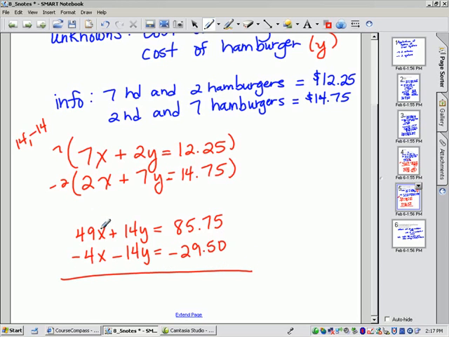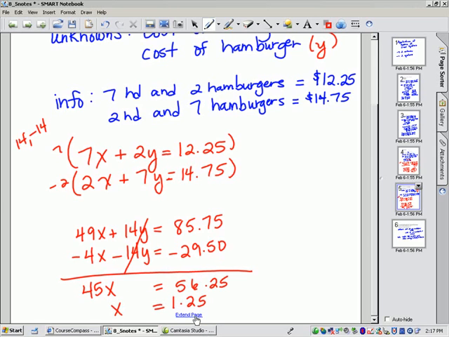Now if we add them, 49x and a negative 4x is 45x. The y's are eliminated, and we have 85.75 minus 29.5 is 56.25. So if we divide that by 45, we get that x is 1.25.